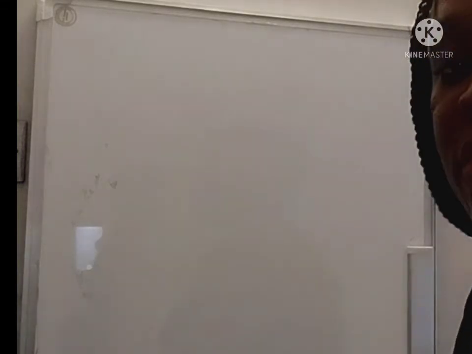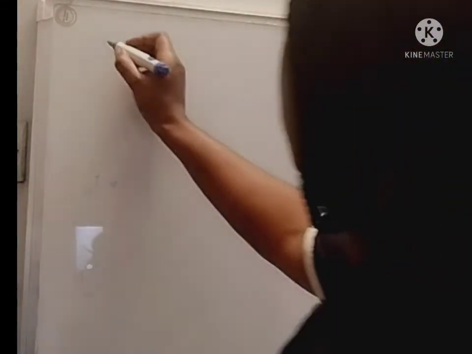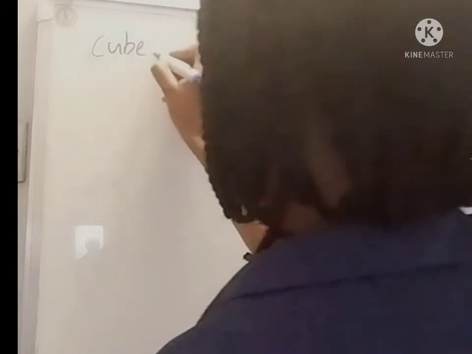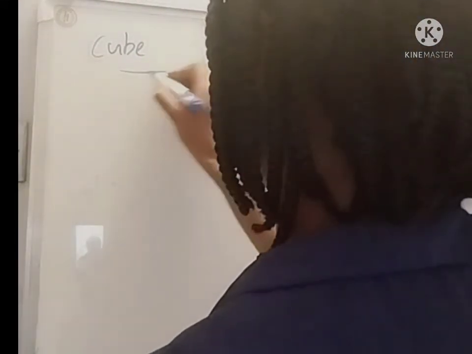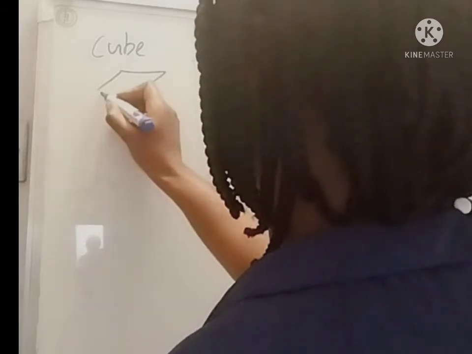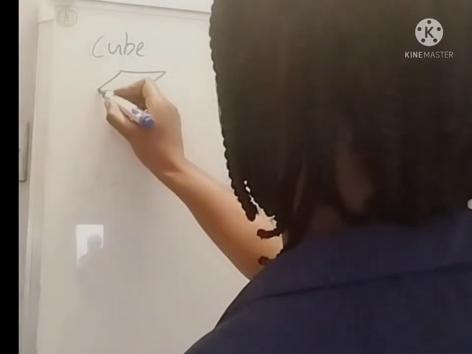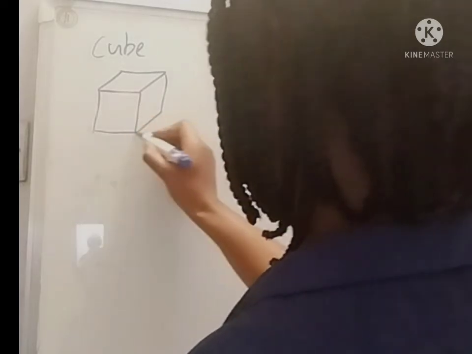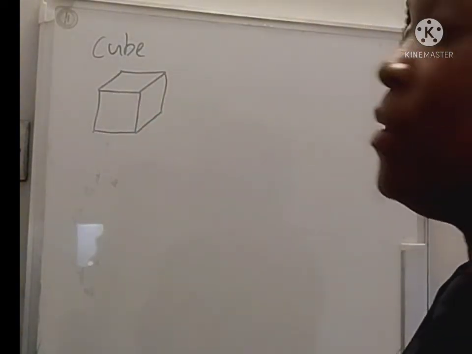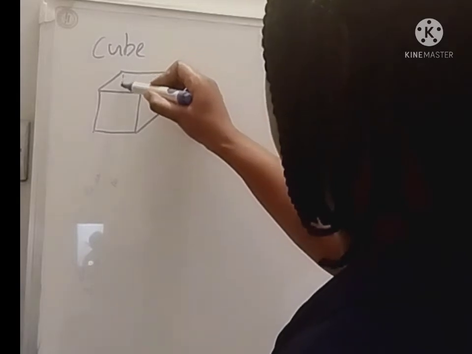Let's start with the first one, which is a cube. Some people will call it a cuboid. This is a cube. It's like a square, like a box.